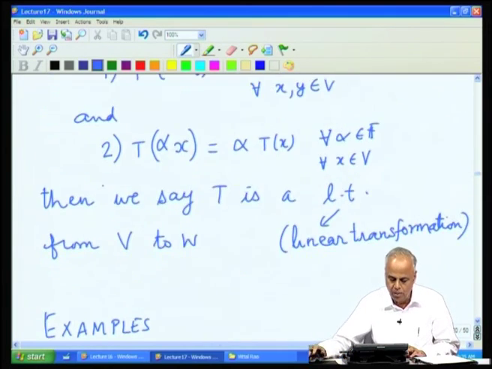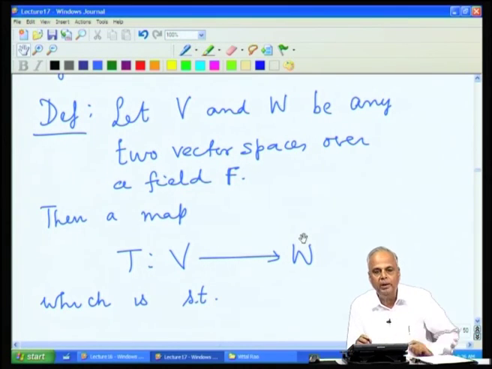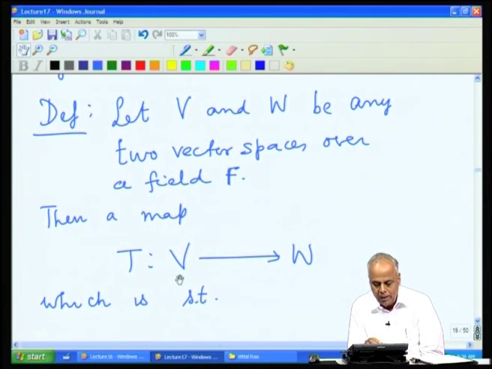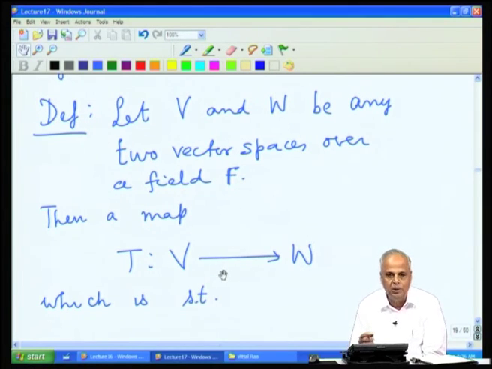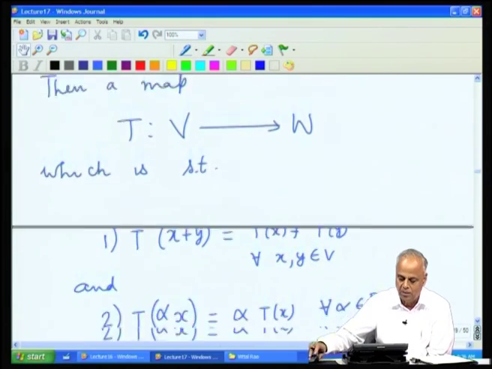Let us make one remark. We have taken any two vector spaces V and W. In particular, if I take W to be also same as V, then we get a transformation from V to V, which preserves addition and scalar multiplication. In other words, you are encoding V vectors as V vectors without destroying the addition and scalar multiplication.